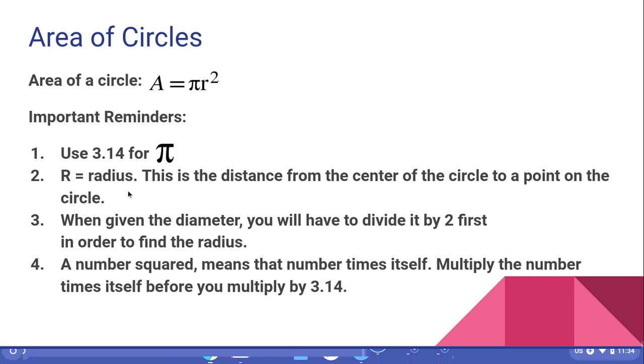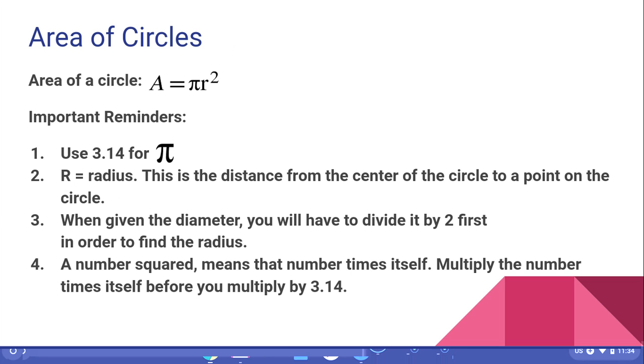R is radius. Again, this is the distance from the center of a circle to the point on the circle. So it's the one that just goes halfway through. If you're given a diameter, the diameter goes all the way through. You will have to divide it by 2 first to find the radius. All right? Today's probably the trickiest one because there's just a lot of things you need to keep in mind.